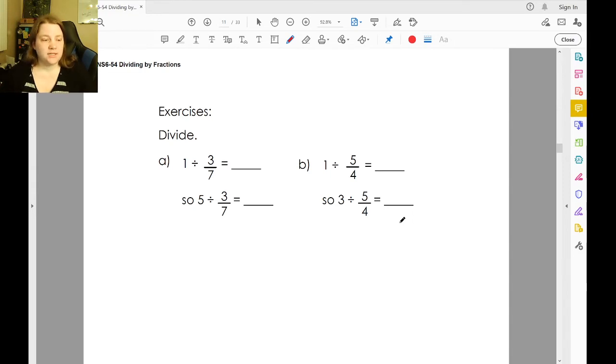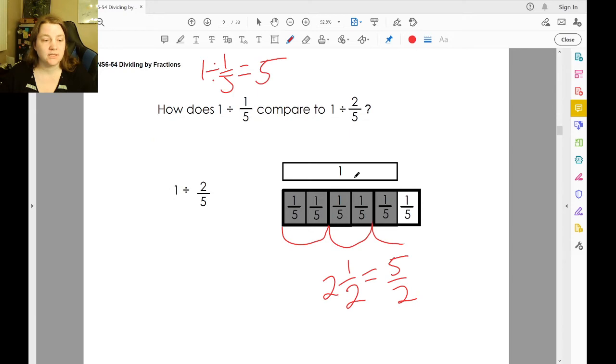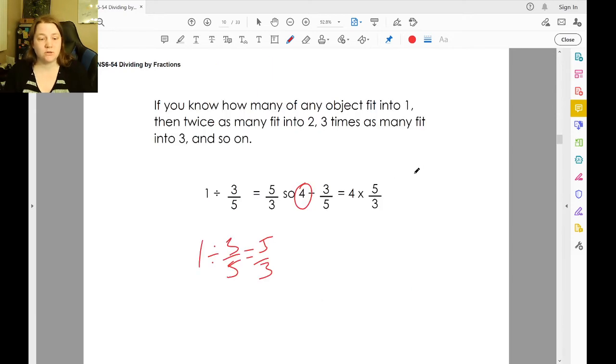So let's try this. Let's divide 1 divided by 3/7. 1 divided by 3/7 is going to be 7 over 3. What happens if we have 5 of these? Well, if I have 5 of these, then let's look back here.